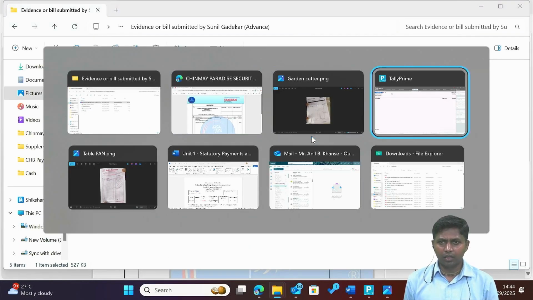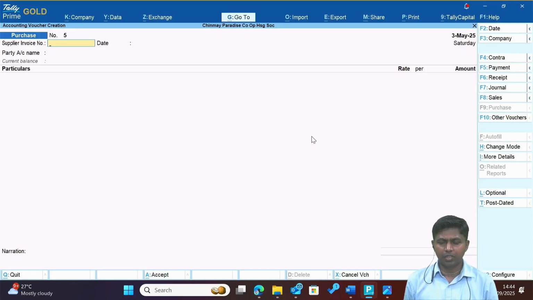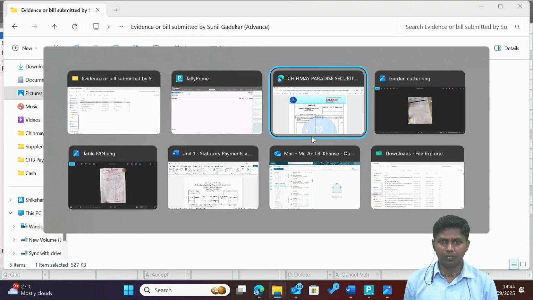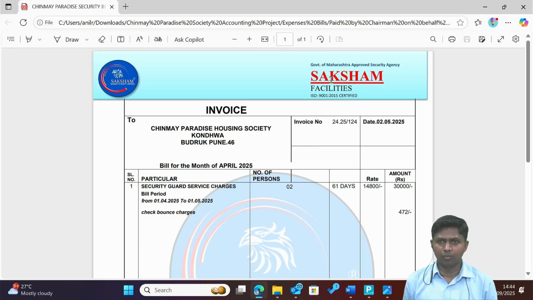we have purchased these services from Saksham Facilities. Okay. Now, if this is your regular party, then it is advisable to create the ledger of the party.